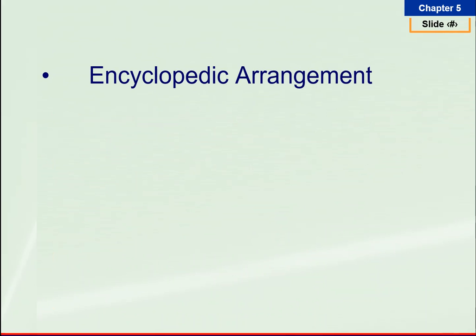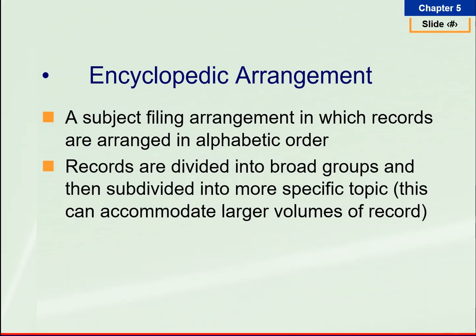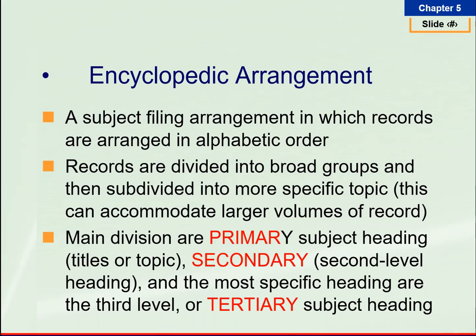So let's proceed to the second one, which is encyclopedic arrangement. Encyclopedic arrangement is where records are arranged in alphabetic order, but records are divided into broad groups and then subdivided into more specific topics, which can accommodate larger volumes of records.